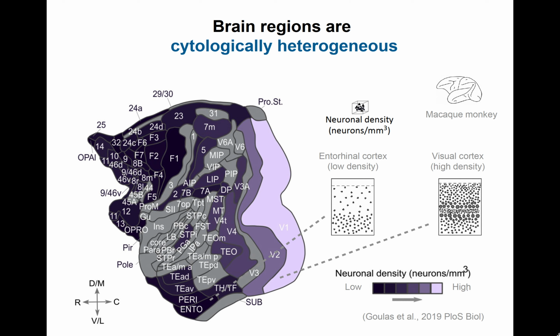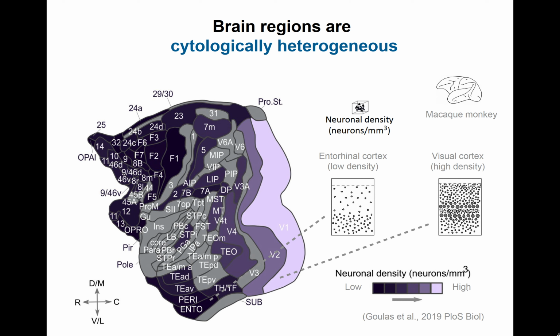Our starting point is the cytological composition of the mammalian cortex. Studies of decades have uncovered that the cytological composition of mammalian cortices is heterogeneous. That is, we have to do with spatially ordered changes in terms of cytoarchitecture.